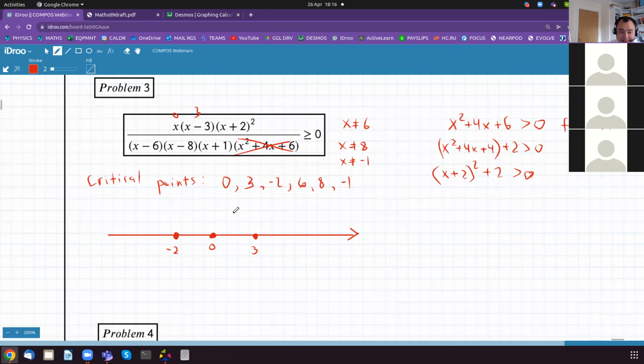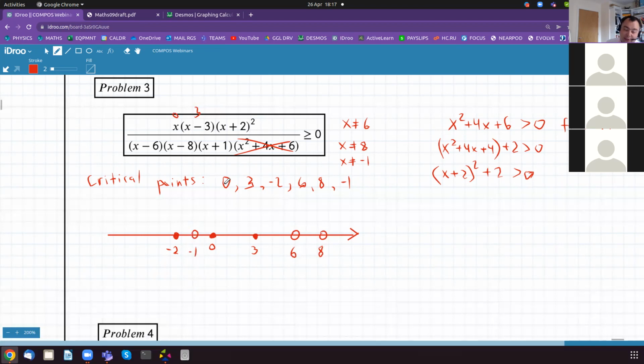Now 6 is here, and it's not shaded because x cannot be equal to 6. Also 8, because x cannot be equal to 8, and -1 cannot be equal to -1 either.